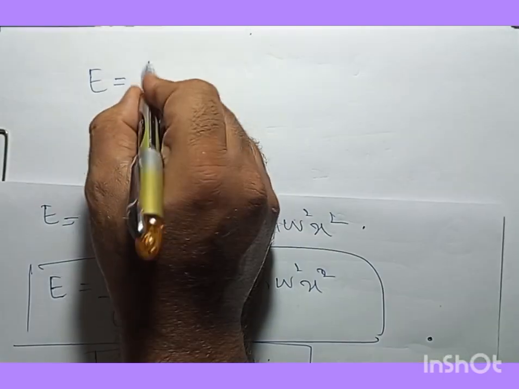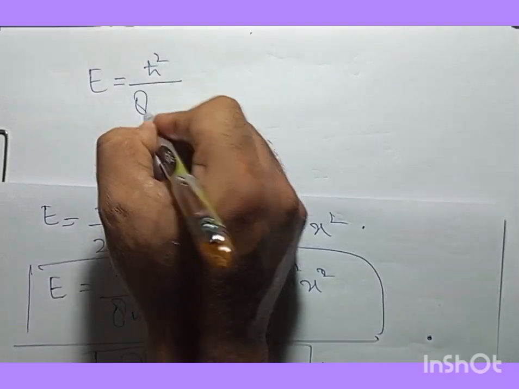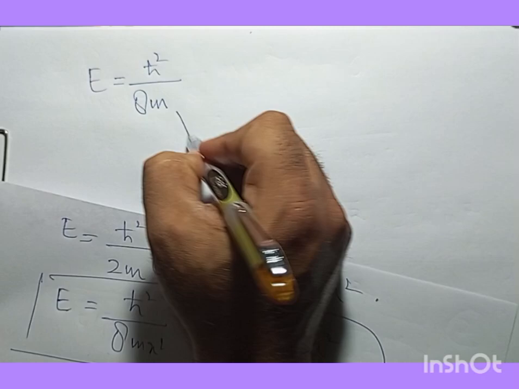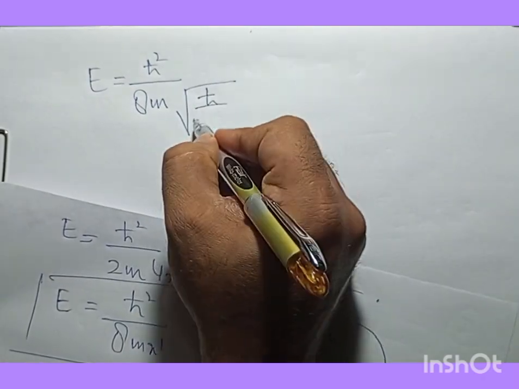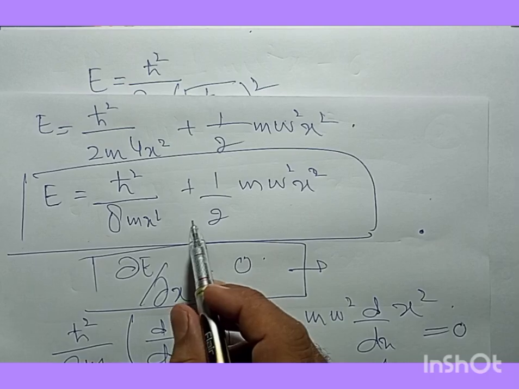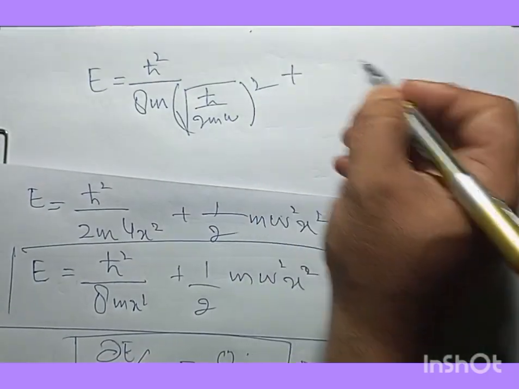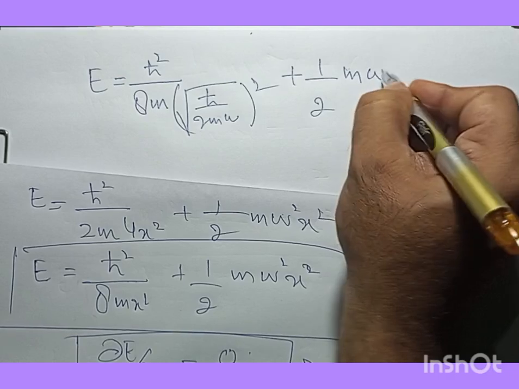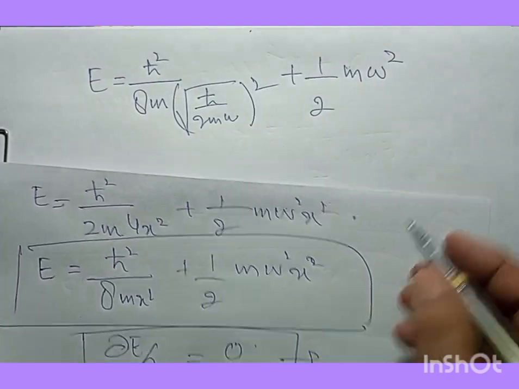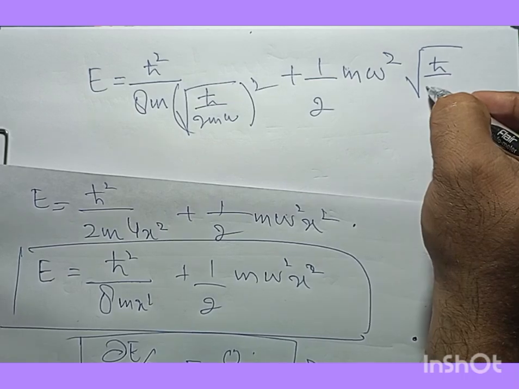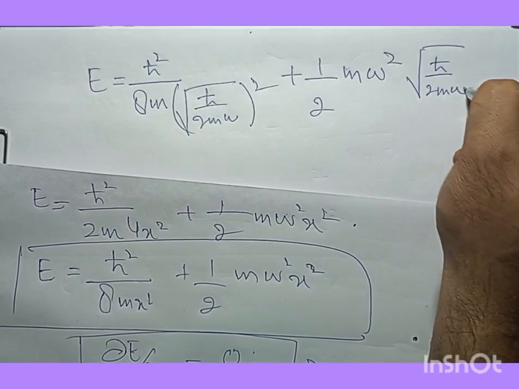So this is h cross square by 8m times x square, where x square is h cross by twice m omega. And then we have plus 1/2 of m omega square, then again x square, which is h cross by 2m omega.